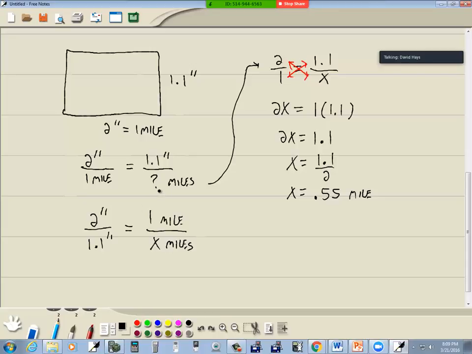So it doesn't matter how you do it. Just this way, I find people mess up the problems more, make more mistakes. This here, you can see what directly relates. 2 inches relates to 1 mile. You can put them in the same fraction. And then 1.1 inches, we're wondering, relates to how many miles. Now that's a setup on them.